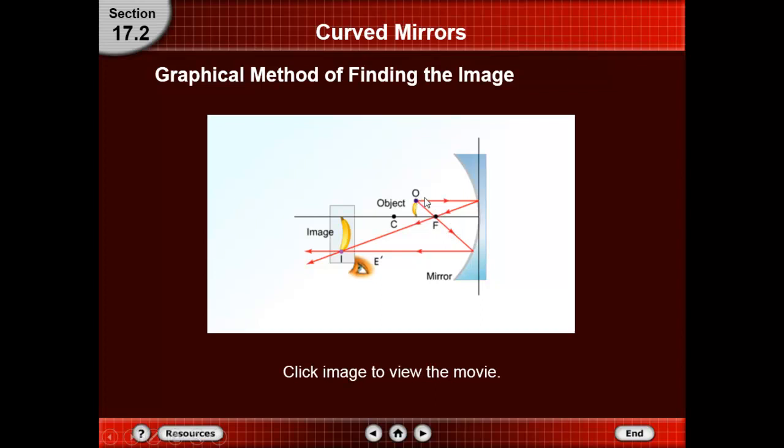The first ray, parallel to the principal axis, reflects passing through the focal point, and the other ray, passing through the focal point, reflects parallel to the principal axis. The intersection between these two reflected rays forms the image.